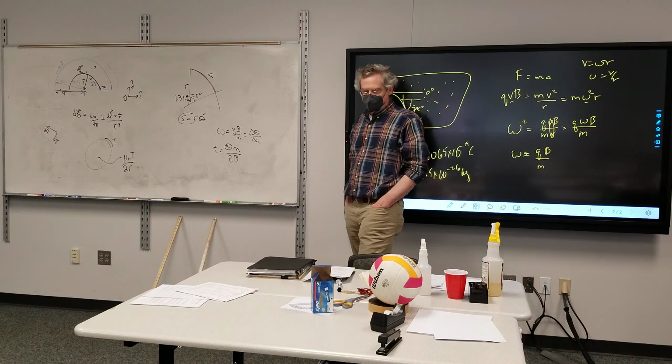So I've got theta right there. If I break this up into its components, and this angle here is theta, that means this angle right here is the complement. Draw that a little bit bigger. So this is the complement of theta, and this angle here would be theta.